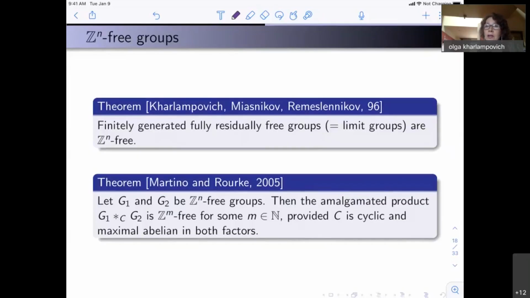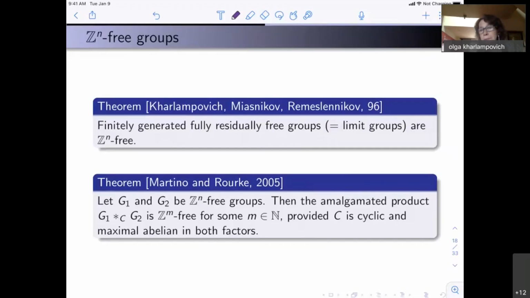They act on R trees, but they don't act freely on an R tree. But there is always a Z to the n tree where they act freely. So this is an example of groups acting on Zn trees.